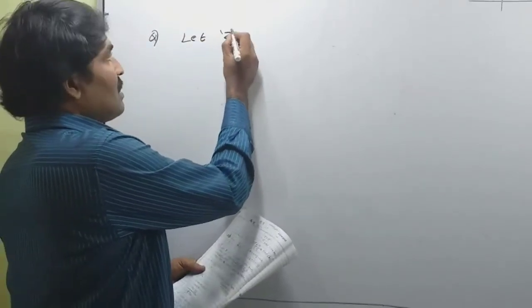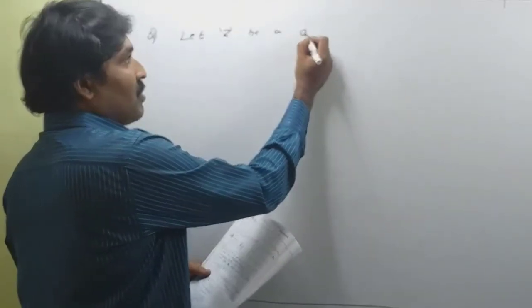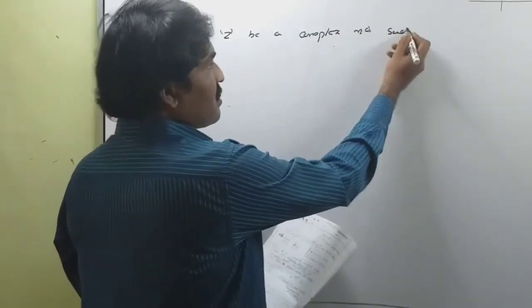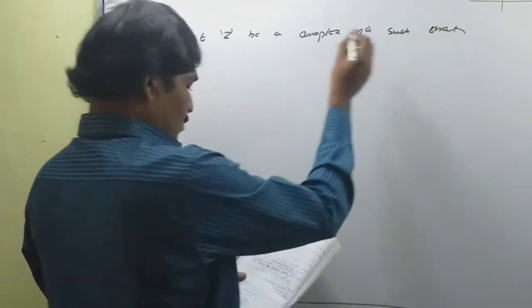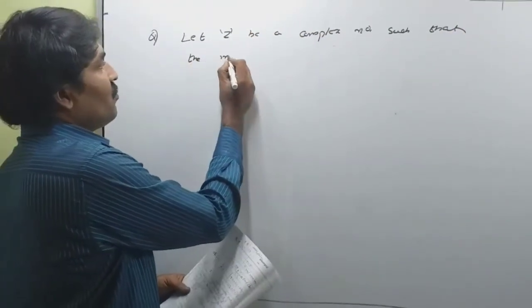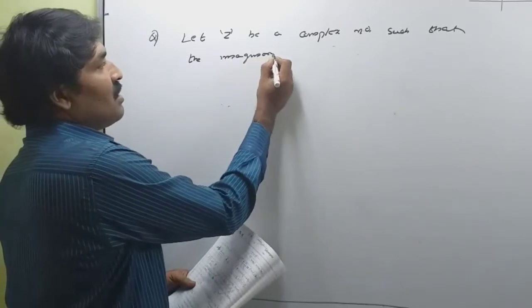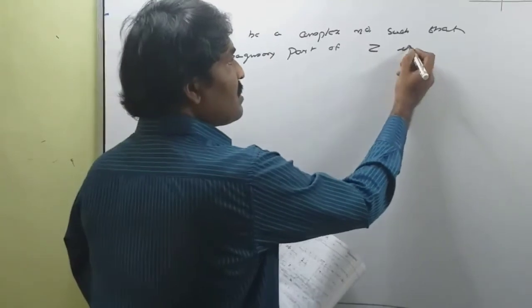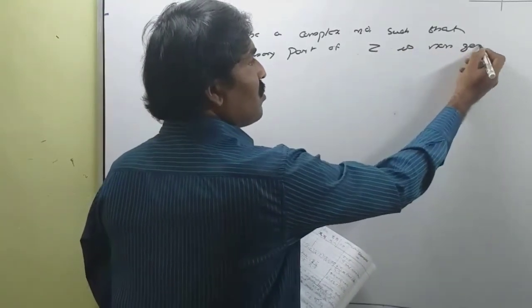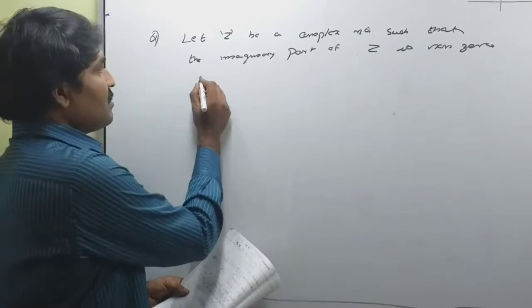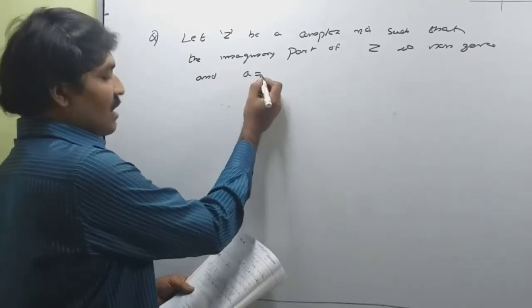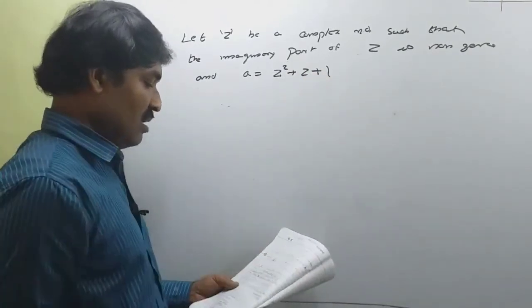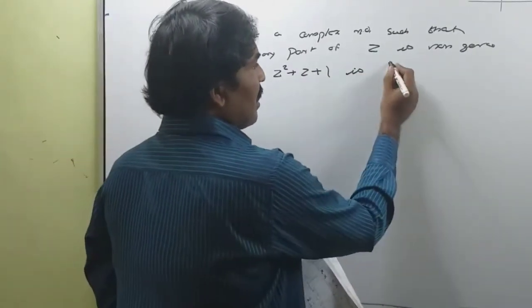Let z be a complex number such that the imaginary part of z is non-zero and a is equal to z square plus z plus 1 is real.